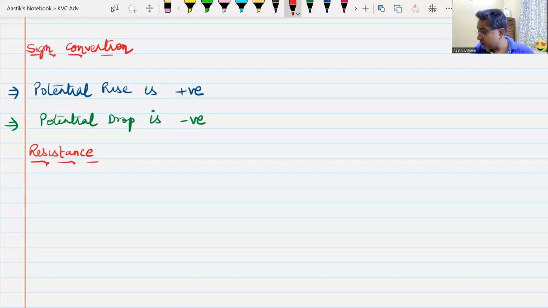Now we will go across the resistor. So basically we will be moving across the resistor, and in moving across the resistor we will undergo a potential rise or a potential drop.